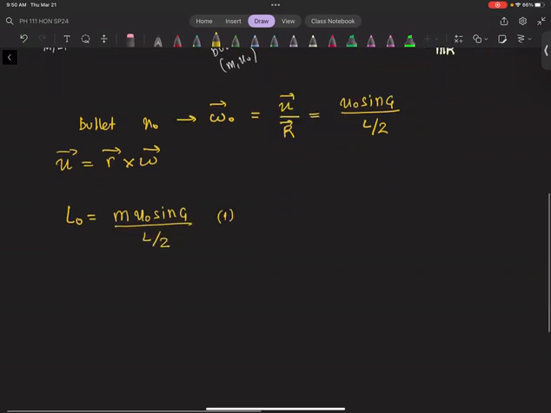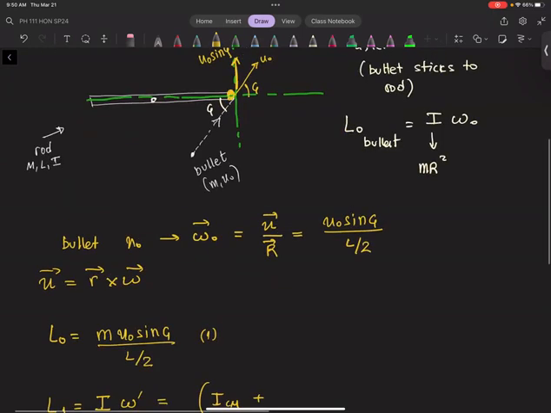Equation 2, what is the angular momentum of the system after the collision? Well, we know that this is defined as I omega, let's call this prime, after the collision, that is. And now, what is the moment of inertia of my system now? Let me write system here. What is the moment of inertia? It is the rod, yes, the rod about its center, plus what else? Now we have a point mass stuck to the end of the rod, yes?